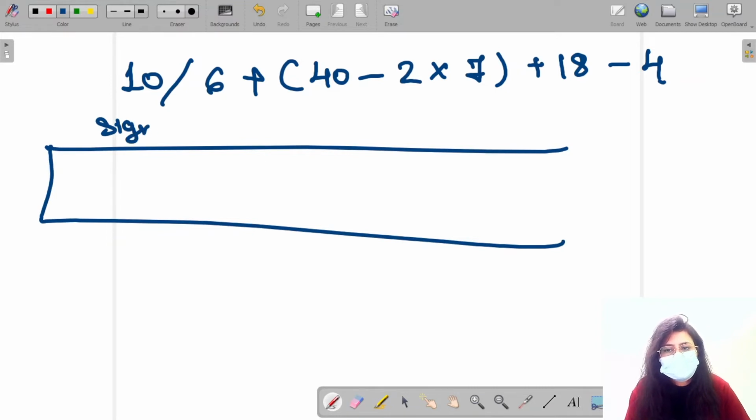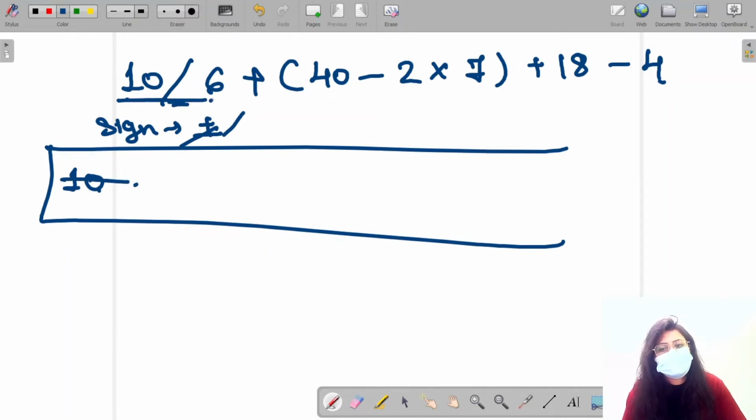Sign will contain plus value as default. Plus value is there, 10 is there, push it into the stack. Divide operator came, pop it out from the stack. 10 divided by 6 will be equals to 1, right? Ignoring the decimal part, of course, would have 1.